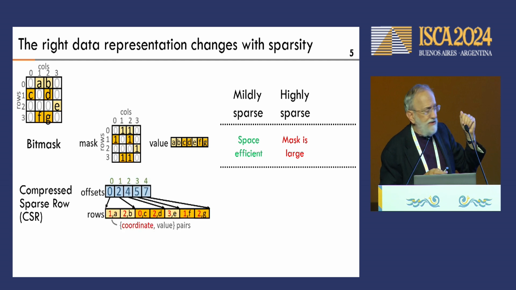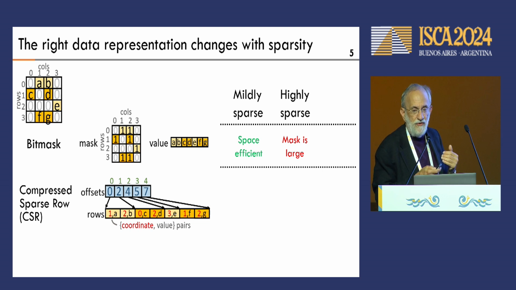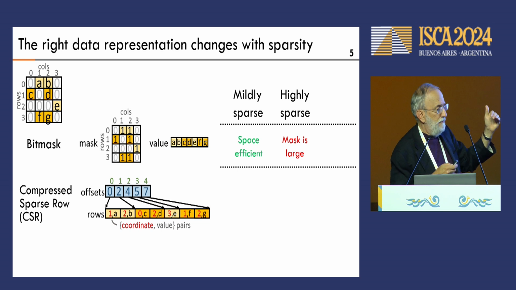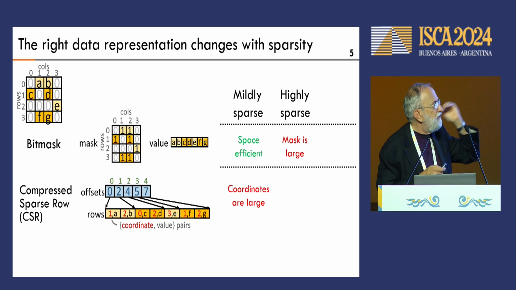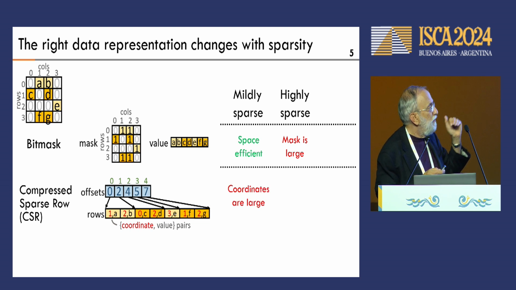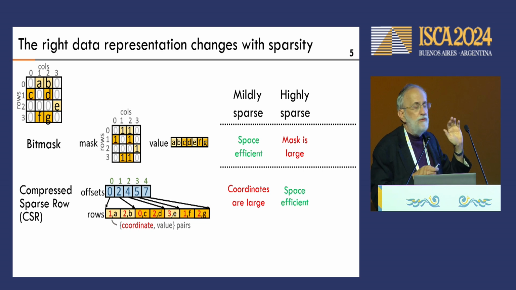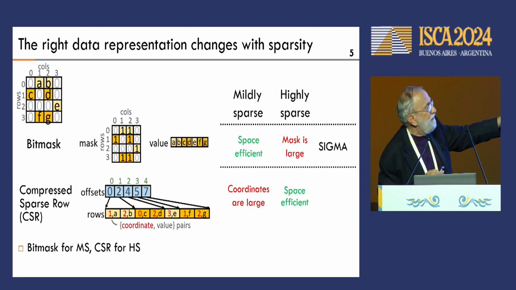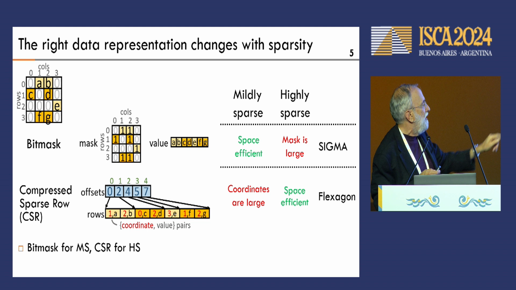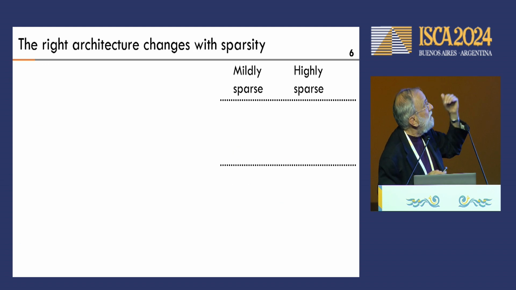If your data is highly sparse, you often like to use a representation like compressed sparse row, where you have a coordinate and value pair for each value. This is bad for mildly sparse because the coordinates are large, but good for highly sparse. And so you want bit mask for medium sparse, which is what SIGMA does, and CSR for highly sparse, which is Flexagon.